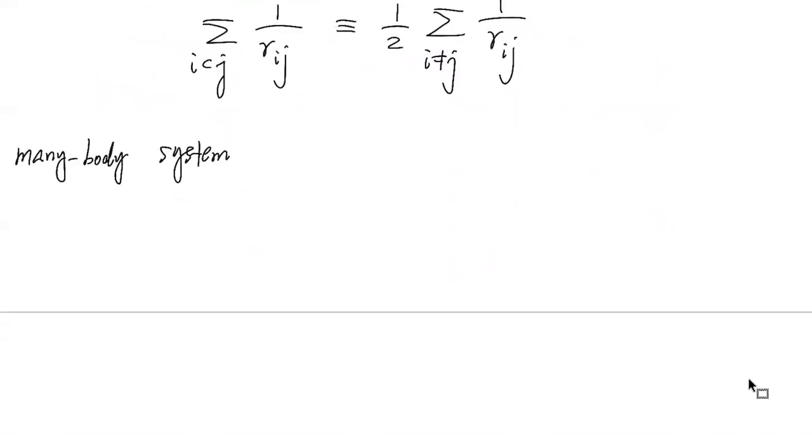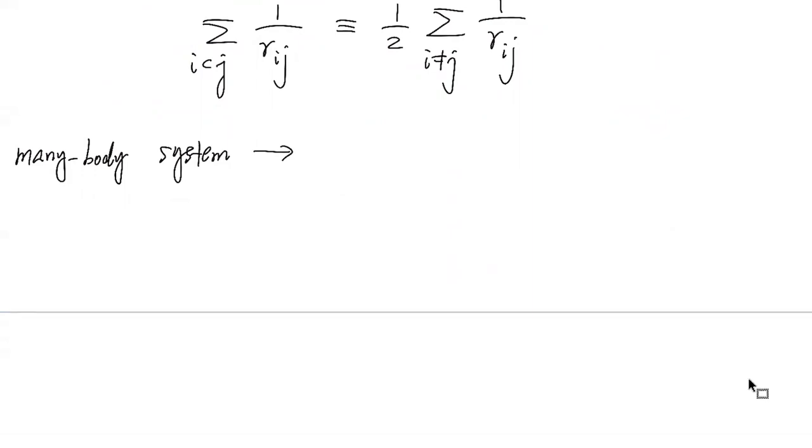So this is obviously very challenging. So what should we do? What we can do is introduce a physical approximation.